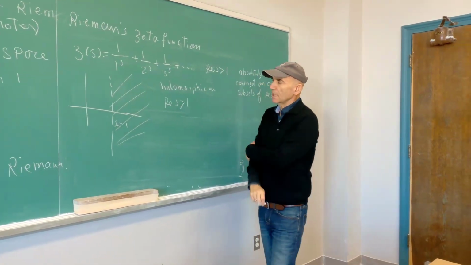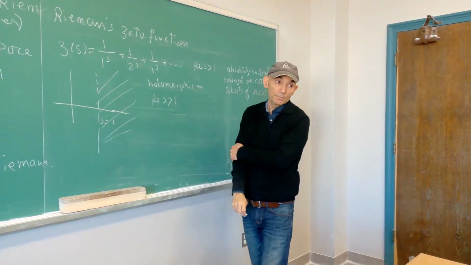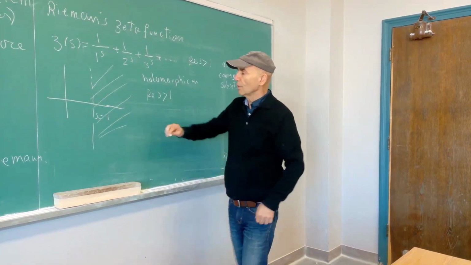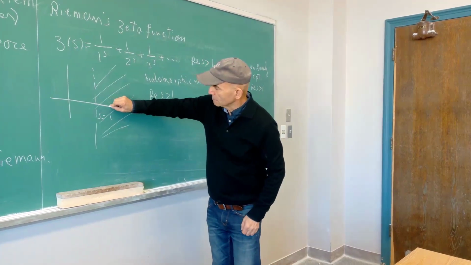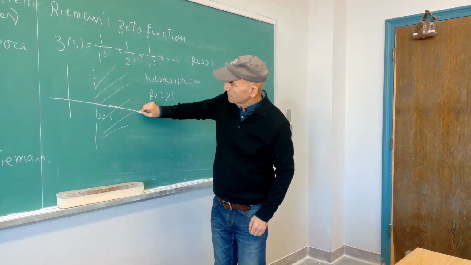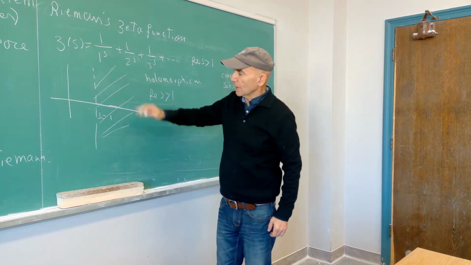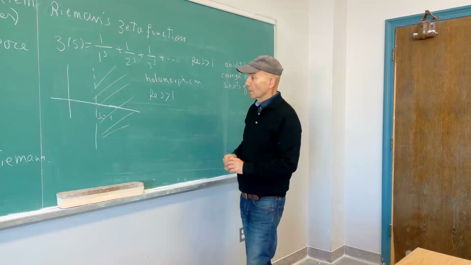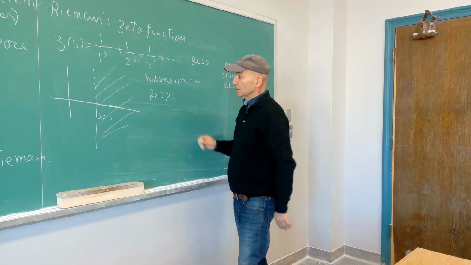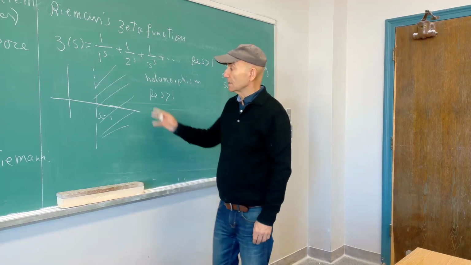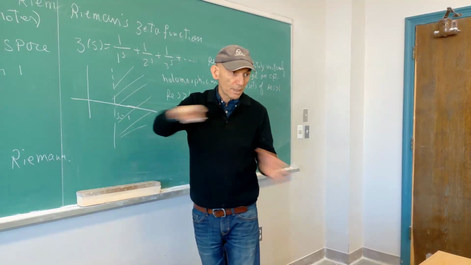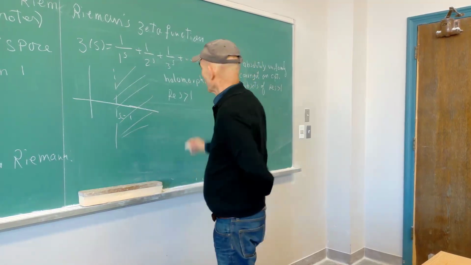And this step was taken by Riemann, because this was defined by Euler before, but Euler worked only on the real line. He did not have much access to the complex numbers. So what Riemann did, he proved that this function has an analytic continuation to the complex plane minus 1.